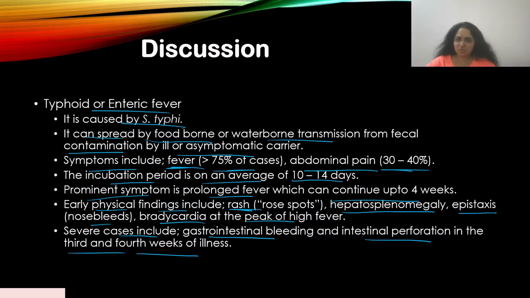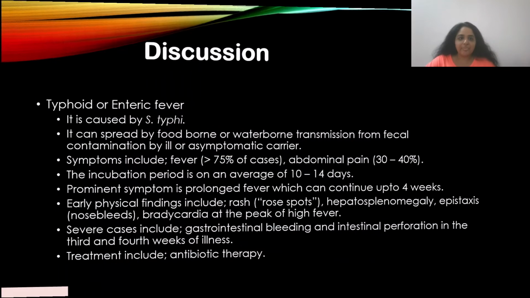So go through the notes in NCERT, and you can combine all the information and piece it together: what is typhoid, what are the symptoms, and what are the physical findings. If they ever ask you a question related to this, you can answer it easily. Treatment includes antibiotic therapy.